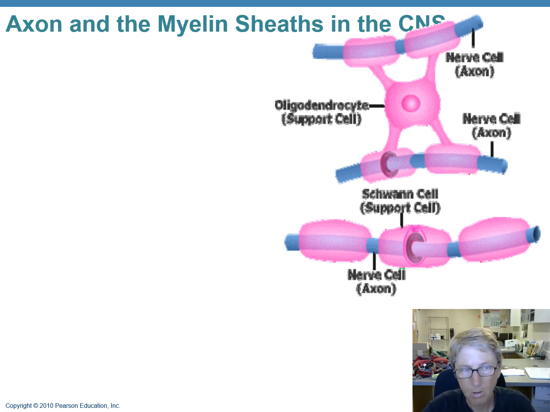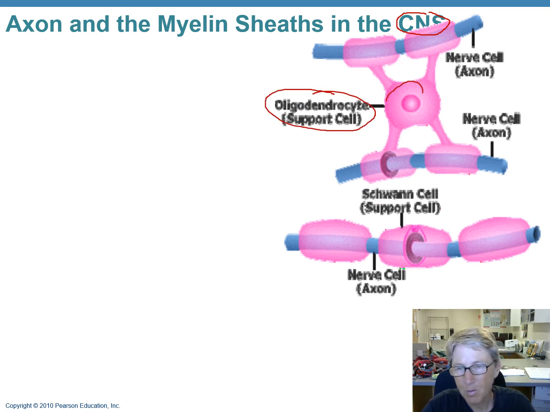This is a cartoon of the axon and the myelin sheath in the central nervous system. So in the peripheral nervous system, the myelin sheath is formed by Schwann cells. In the central nervous system, the myelin sheath is formed by these cells called oligodendrocytes.